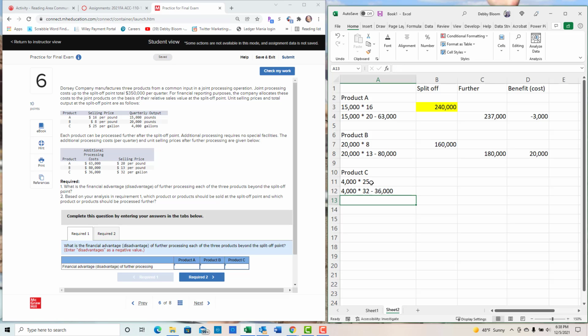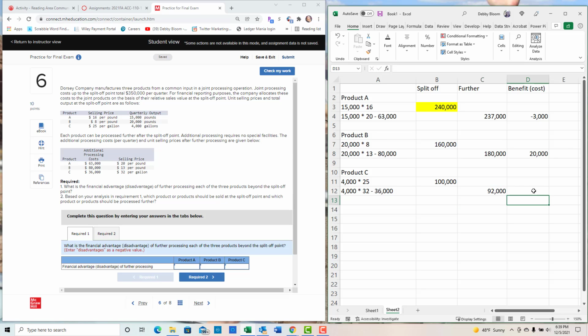So going from 25 to 32 raises it $7 per gallon. 7 times 4 is 28,000 minus 36,000. It looks like this is going to be a bad deal. So here, 4,000 multiplied by 25 gives me 100,000. 4,000 multiplied by 32 and then subtract 36,000 gives me 92,000.